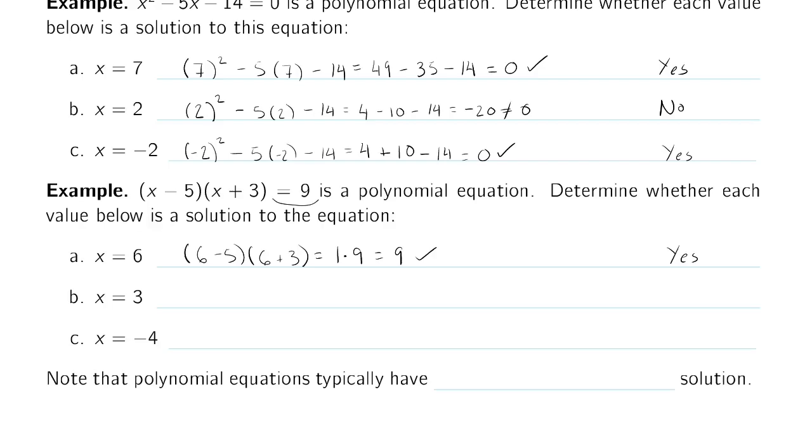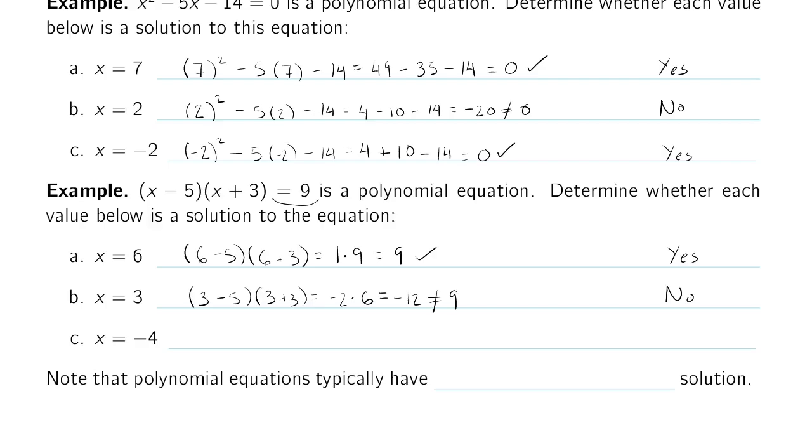What about when x equals 3? We'll have 3 minus 5 times 3 plus 3. 3 minus 5 is negative 2. 3 plus 3 is 6. So negative 2 times 6 is negative 12, which doesn't equal 9. So x equals 3 is not a solution to the equation.